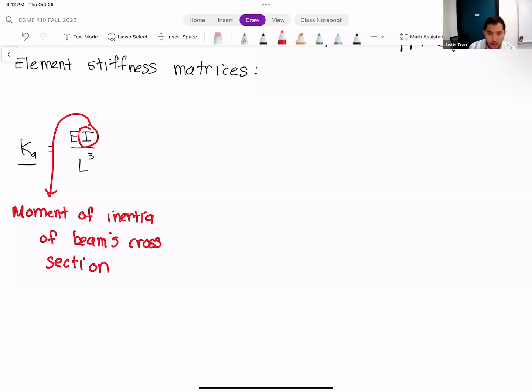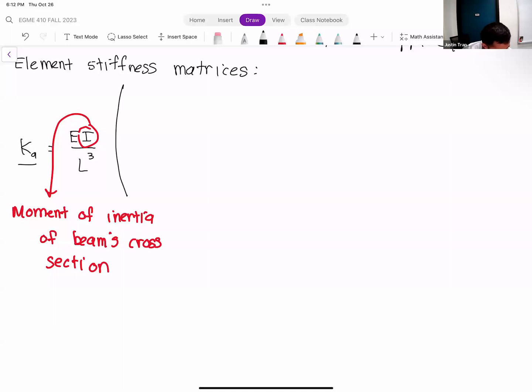Depending on the cross-sectional shape of the beam, you can compute its moment of inertia from it. For this class, I'm not going to make you compute these because there's a whole table of different shapes and things like that. For the most part, if I'm going to ask you to solve a problem with numbers involving beams, I'm just going to give you the value of I directly. So you just got to plug it in.